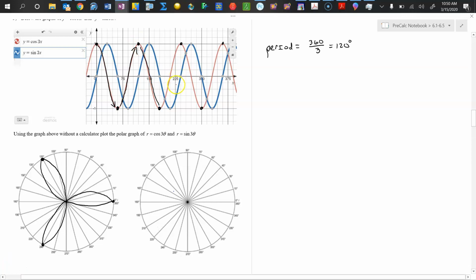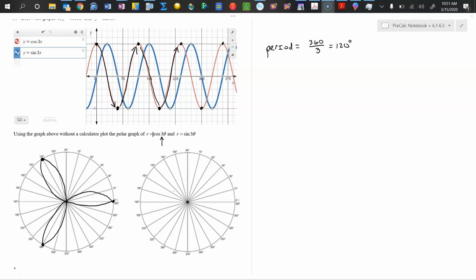And then if we continue on, we're just going to continue retracing our steps in our polar graph. So what we notice with our graph of r equals cosine 3 theta is that 3 actually tells us the number of petals that we have. The length of each petal is 1, which is the coefficient out in front. And the graph of r equals cosine 3 theta is symmetric about the x-axis.